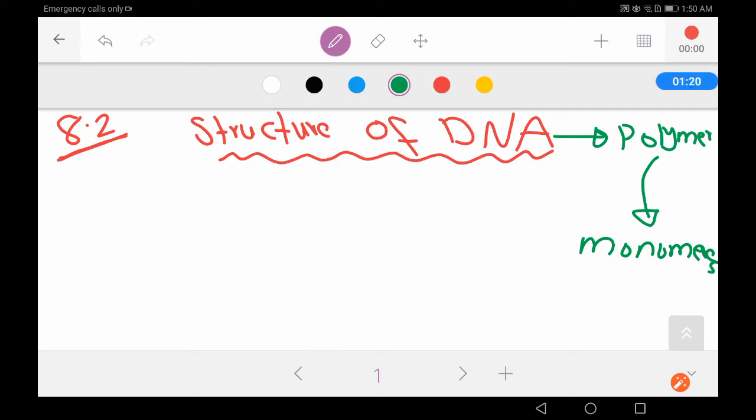Okay, and the monomers of DNA, all of us know that, which we studied before in chapter 2 in the macromolecules. We know that DNA is made up of nucleotides.